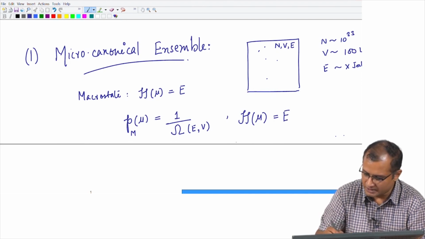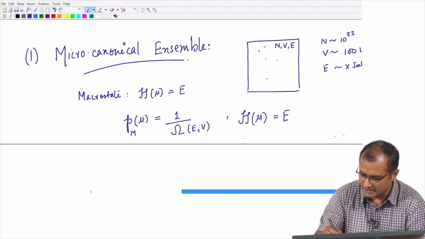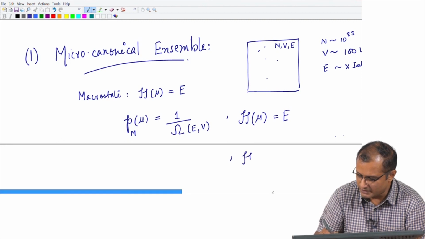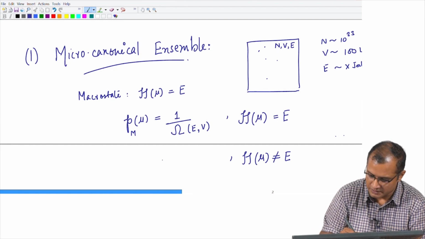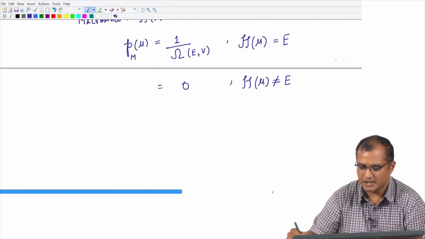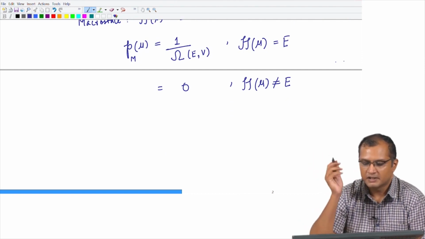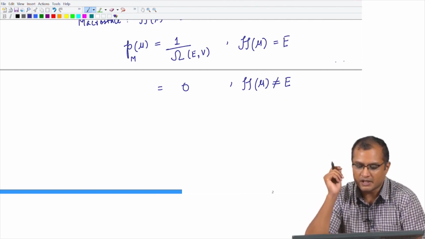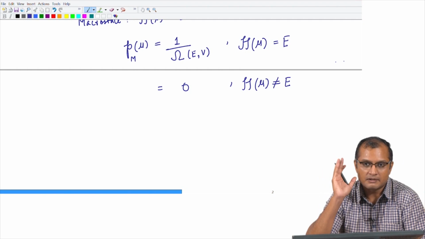The moment we pick a microstate where the Hamiltonian is not equal to E, then we will say that the probability is 0. So, the microstate has nonzero probability only if the energy corresponding to that microstate is E.